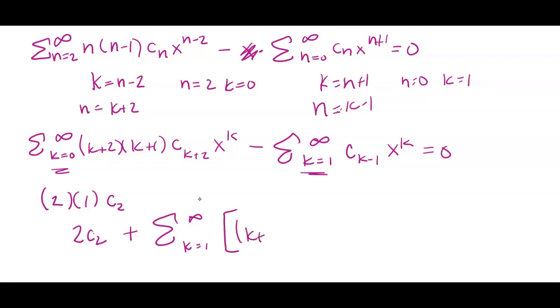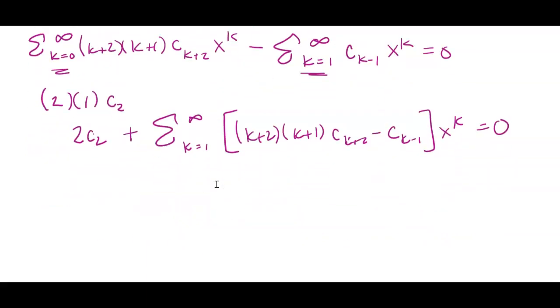So I'm going to have k plus 2 times k plus 1, c to the k plus 2 minus c to the k minus 1, times x to the power of k, k equals 0 to infinity. And in order for this series to be true, I know that C2 must be 0, so that I have a 0 coefficient over here.